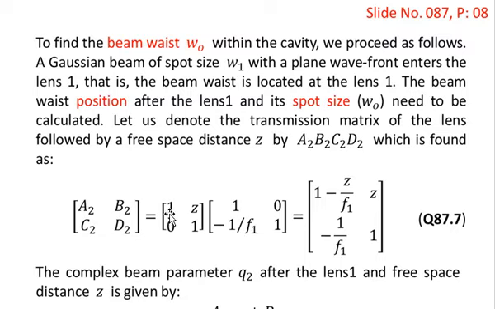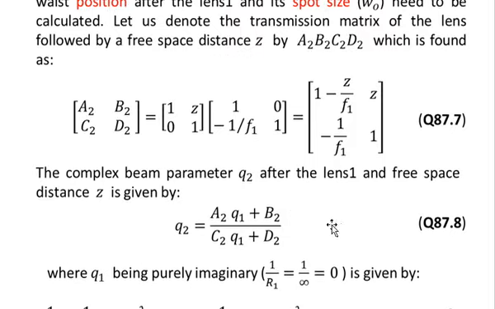So that's why we are using this free space propagation for a distance Z, and the matrix is 1, Z, 0, 1. The multiplication of these two matrices will give you 1 minus Z over F1, then Z, then minus 1 over F1, then 1, as shown in equation number 7. So if we could determine the value of Z in this equation, then of course the position of the beam waist will be known to us.